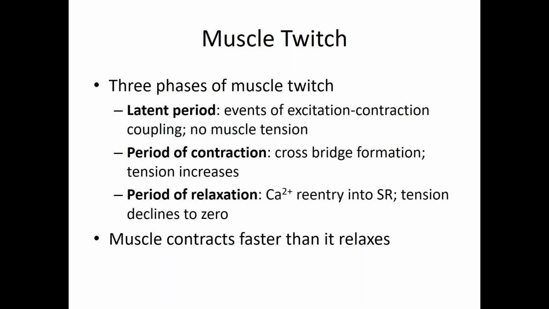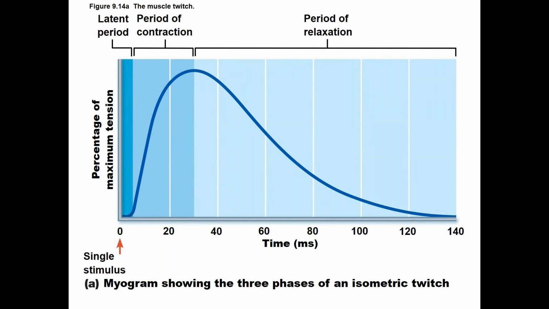The key thing here with the muscle twitch is that the contraction phase is typically pretty fast, and the relaxation phase is typically pretty slow. The length of time spent in relaxation is much greater than the other two combined. That becomes very important for us physiologically. So let's look at a myogram here. These are milliseconds, so it's really not a long period of time.